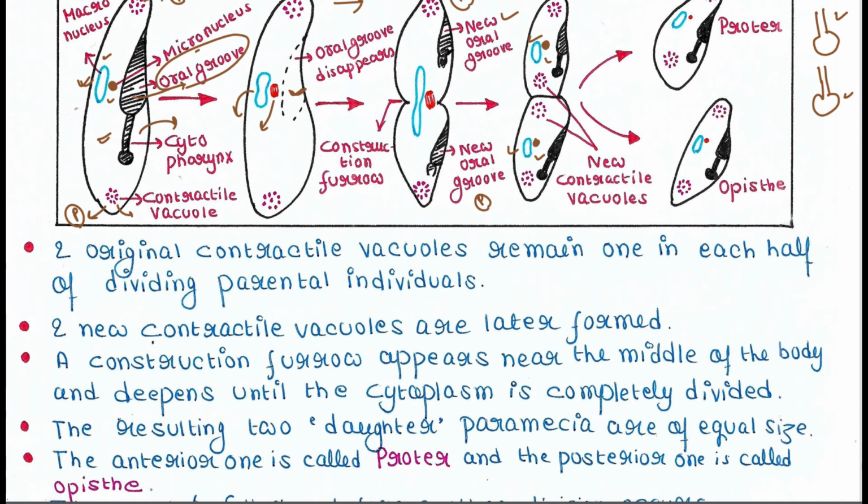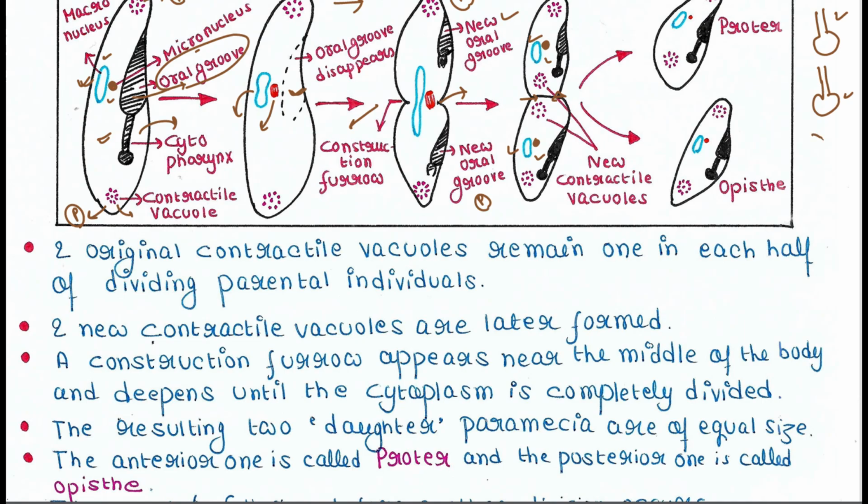A constriction furrow appears near the middle of the body and deepens until the cytoplasm is completely divided. So here is the furrow. Here is the furrow. You can see, this is called the furrow, and the furrow is getting formed, and two such furrows will be meeting in this way, and the cytoplasm is completely divided.